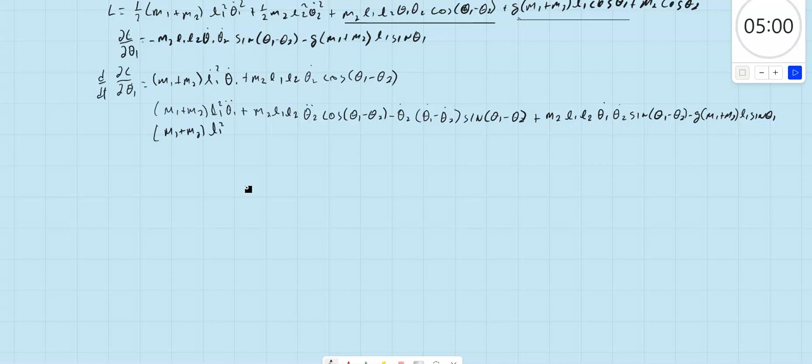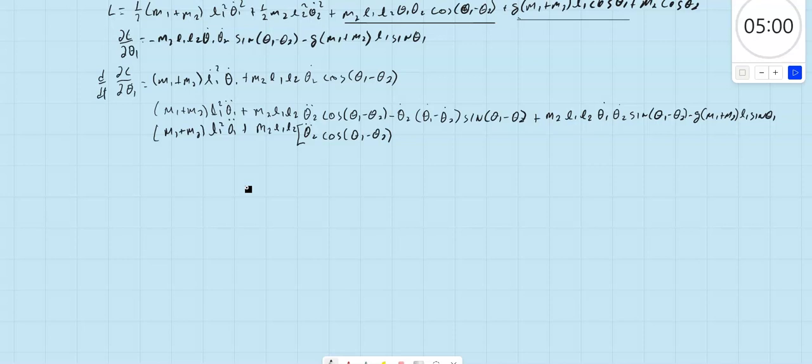And now I need to continue with (m1 plus m2) L1 squared theta 1 double dot plus m2 L1 L2 theta 2 double dot. And what I want to do is I want to do this right here, cosine (theta 1 minus theta 2), and I have theta 2 double dot right here.